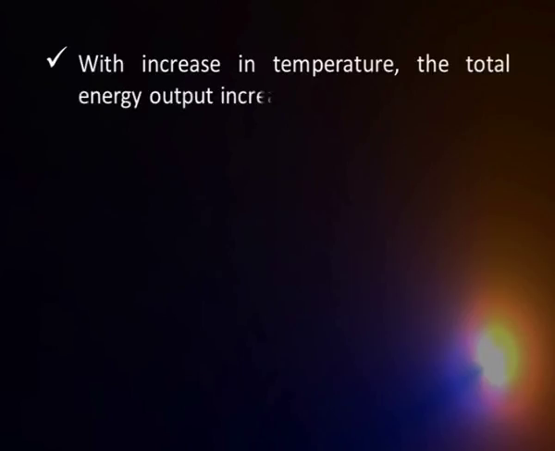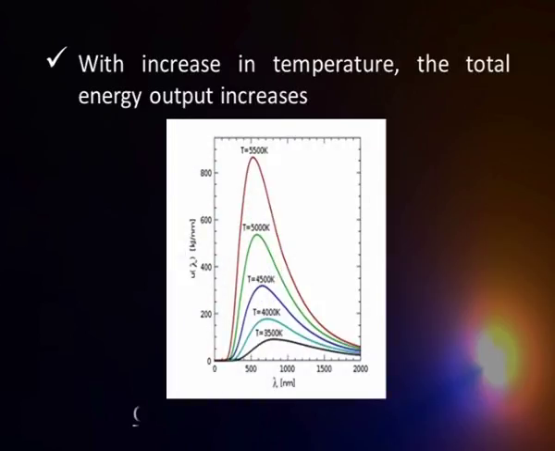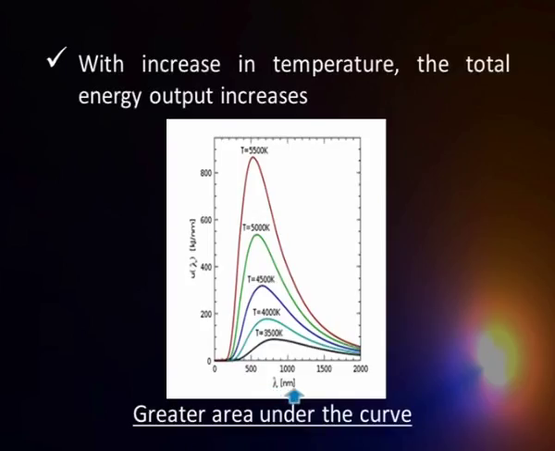The first one is, as the temperature of the black body increases, the amount of radiation coming off increases. This gives you some measure of the intensity or energy density, because this axis is energy density, that means the amount of energy coming out per unit wavelength. So on this axis we have wavelength, and this axis is energy emitted per unit wavelength.